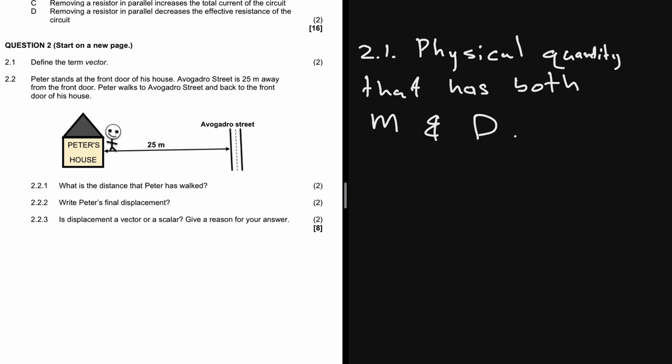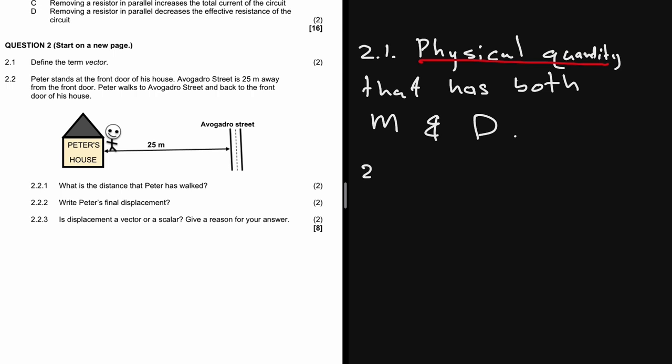You can just write that in full. Remember, when you define a vector or a scalar, you must include that a vector is a physical quantity that has both magnitude and direction, while a scalar is a physical quantity that has magnitude only.